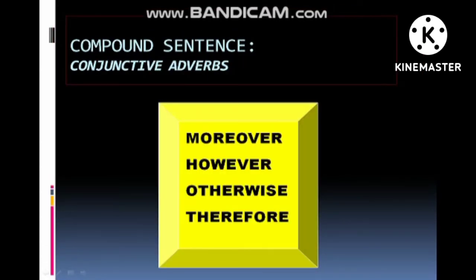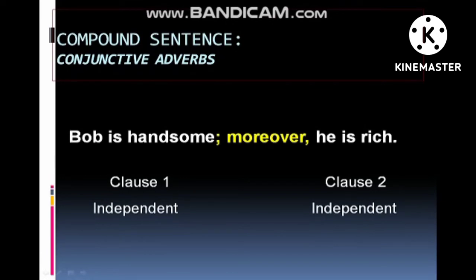Compound sentence with conjunctive adverbs: moreover, however, otherwise, therefore. For example: Bob is handsome, moreover, he is rich. This one is one clause, and this one is a second clause.